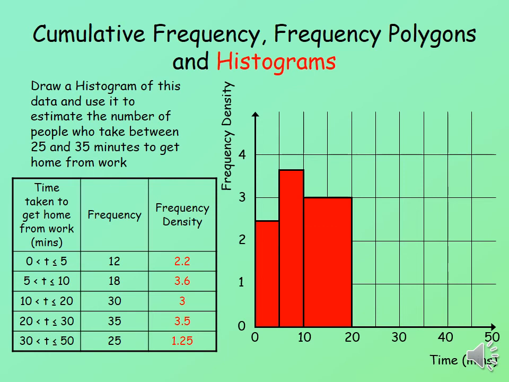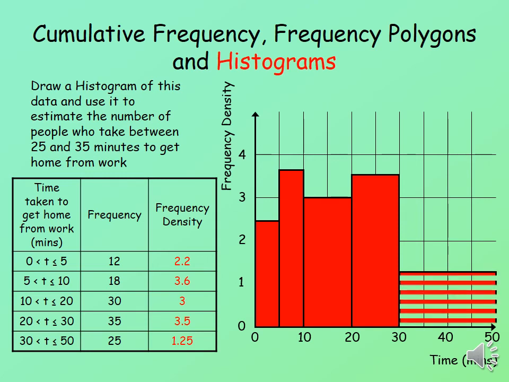So you notice, sorry, the previous ones were 5, this one's a 10. Okay, we have another 10 here, and that one has 3.5. Okay, and the final one, 1.25.